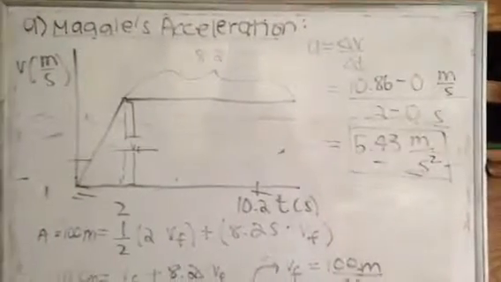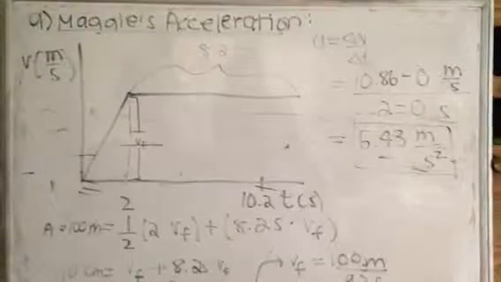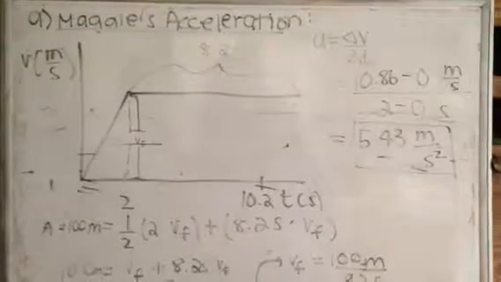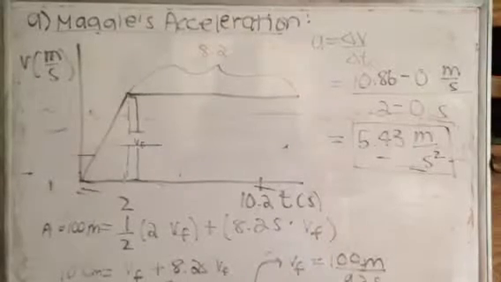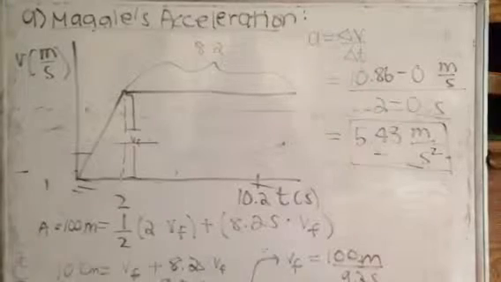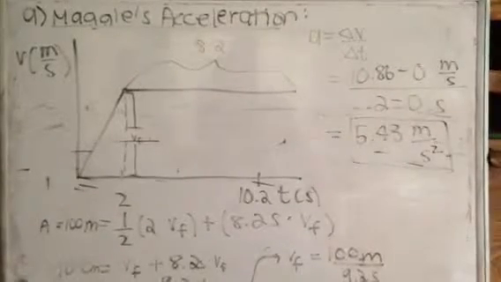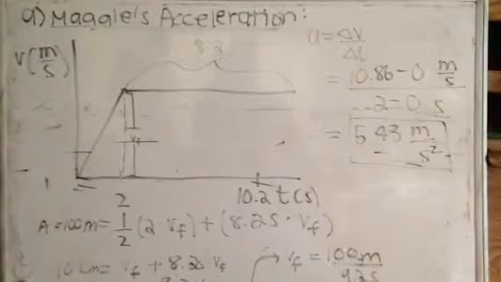Okay, so to find Maggie's acceleration, you have to draw the velocity versus time graph. In the beginning, there's a slope because that represents the acceleration, since the derivative of velocity is acceleration. And then it flattens out because the acceleration is zero after your 2 seconds.